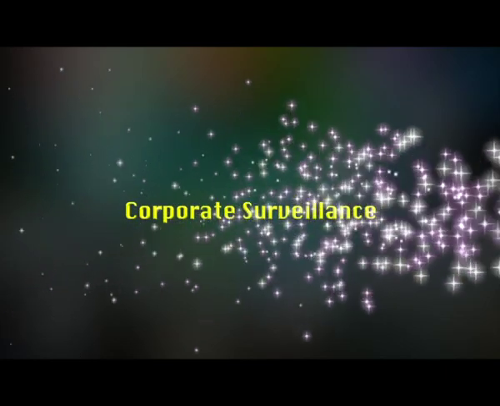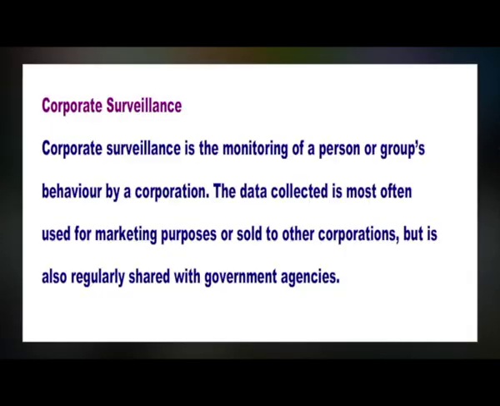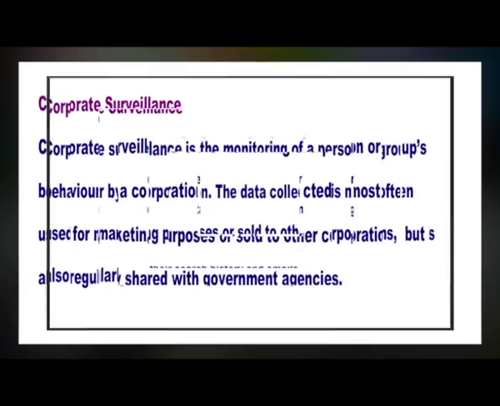We will take up now corporate surveillance. Corporate surveillance is the monitoring of a person's or a group's behavior by a corporation. The data collected is most often used for marketing purposes or sold to other corporations, but is also regularly shared with government agencies.